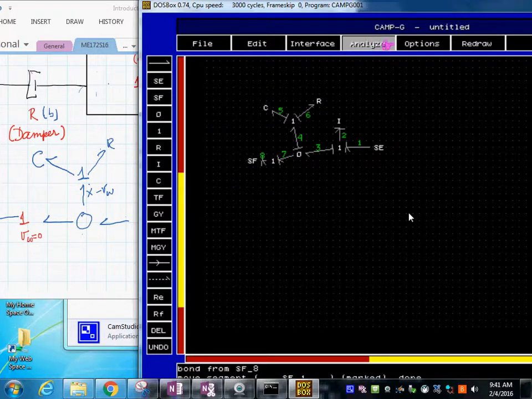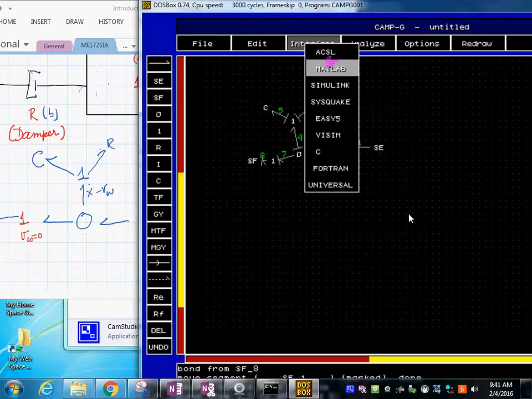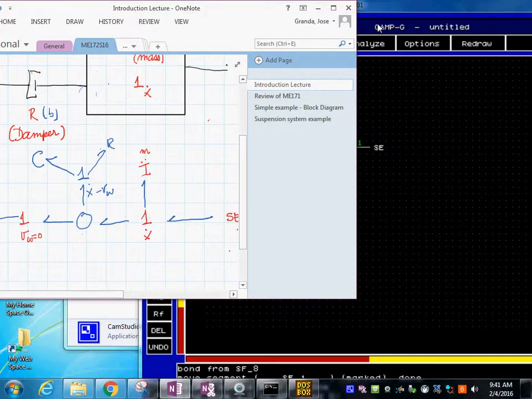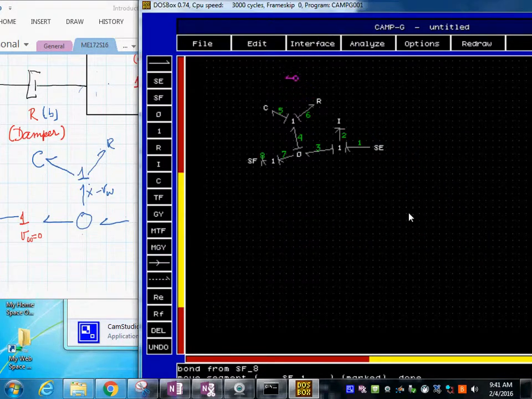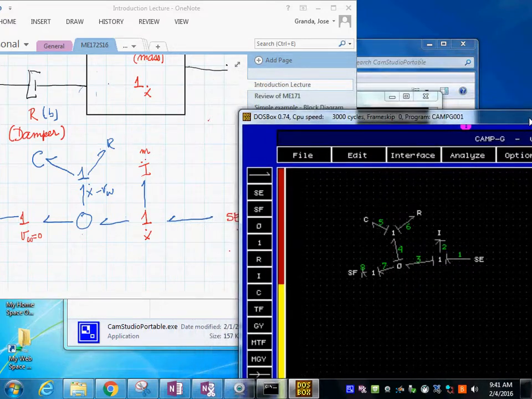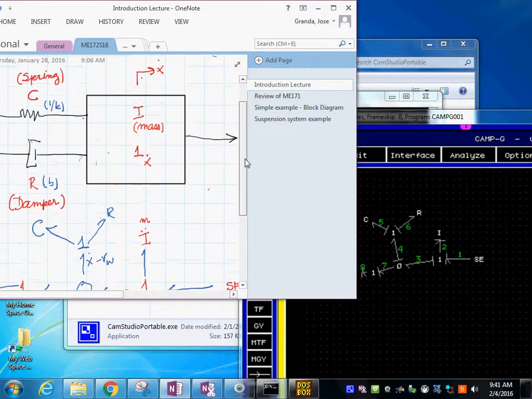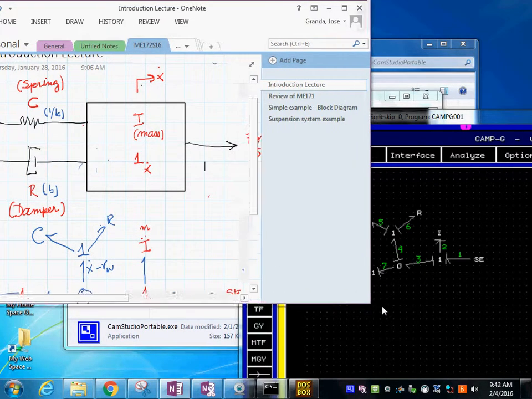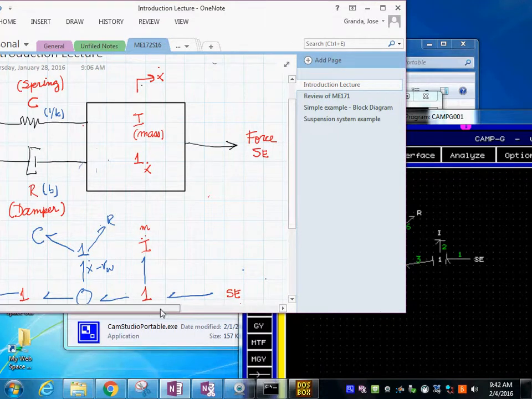Right. So now what we do is we say interface to MATLAB. Oh, before I do that, what I want you to do is to recognize the elements that are on the right hand side, with what we have on the left.